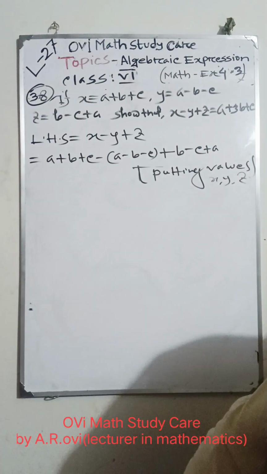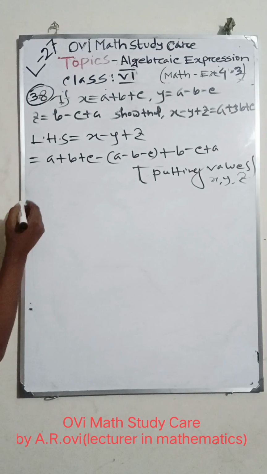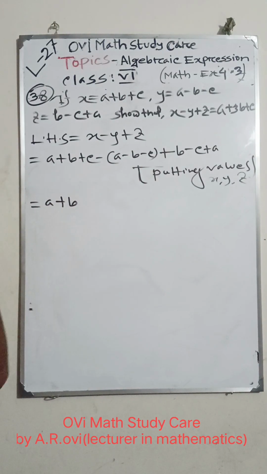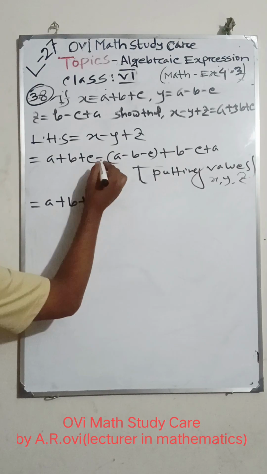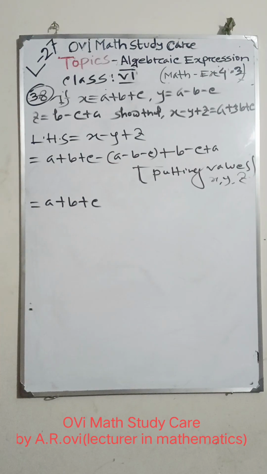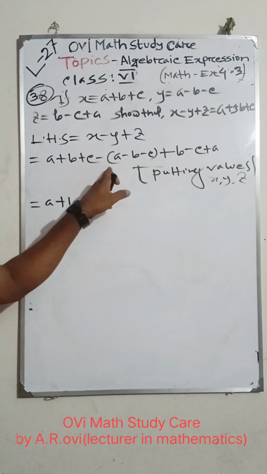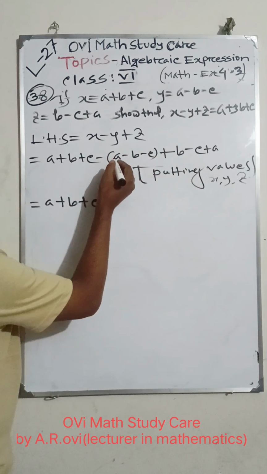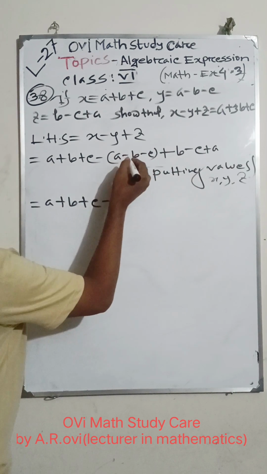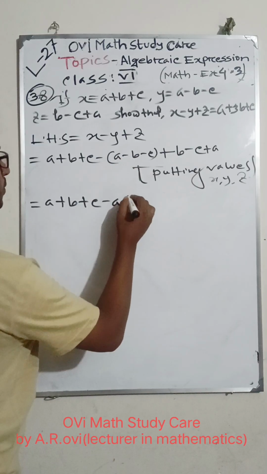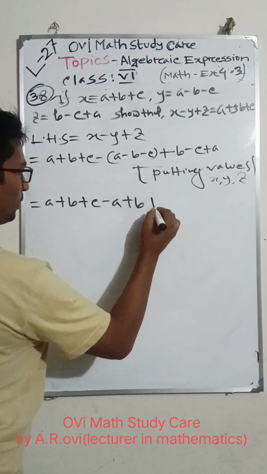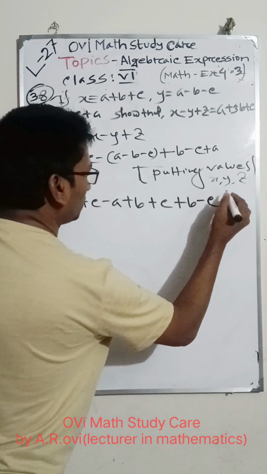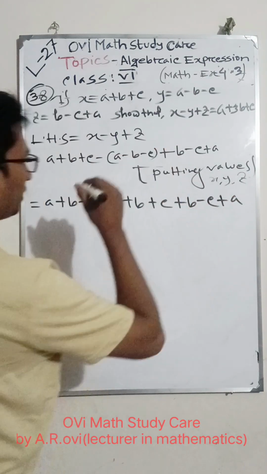will be, dear students, or calculate this, a plus b plus c minus sign. We have said that if we multiply by minus, every term will get the opposite sign. So plus a will be minus a, minus b will be plus b, minus c will be plus c, plus b minus c plus a.